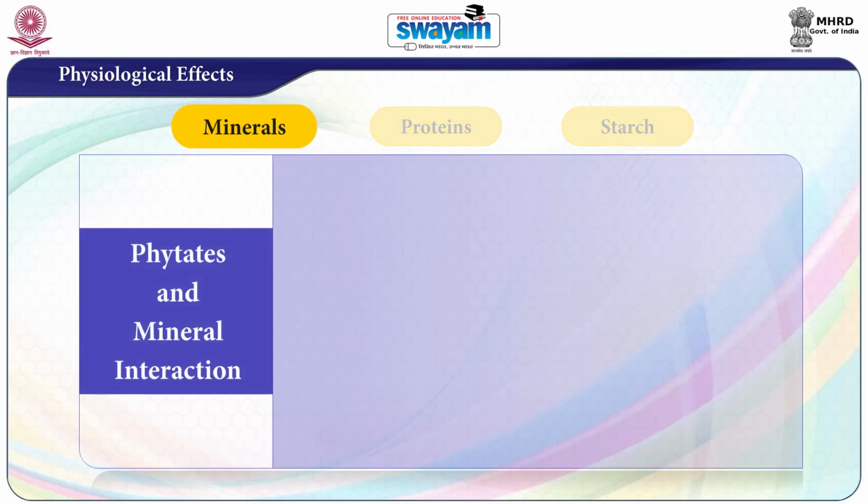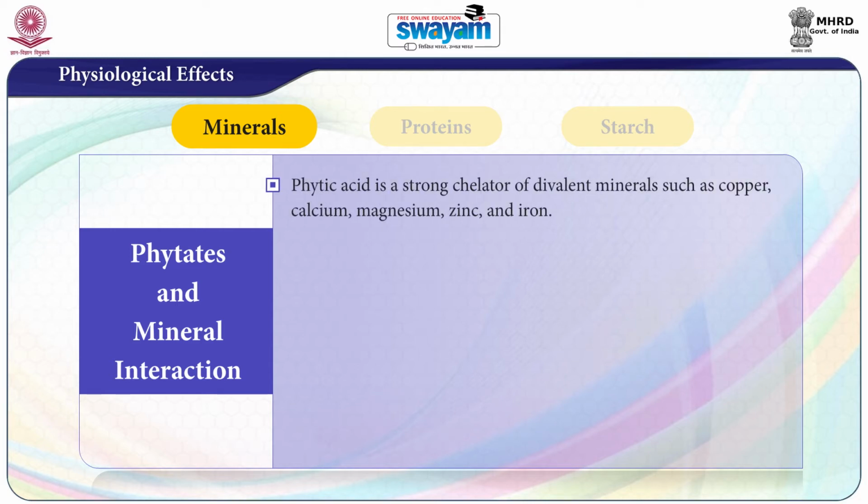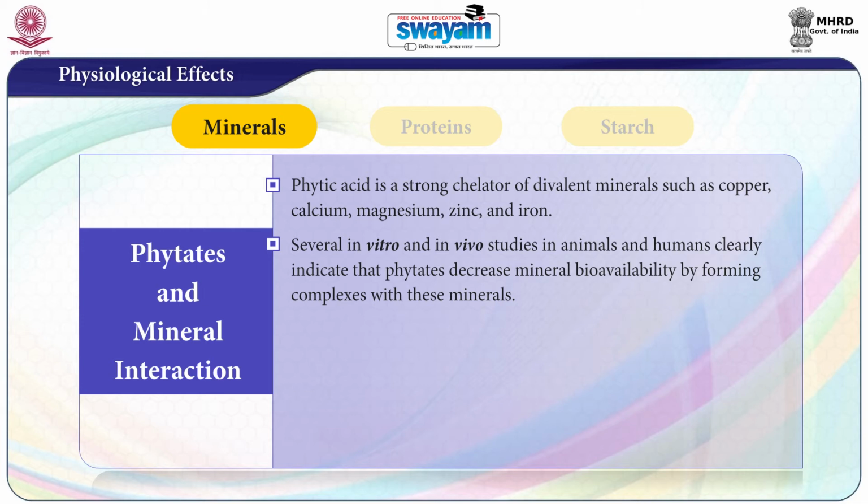The first physiological effect is phytate and its mineral interaction. Phytate is a strong chelator of divalent minerals such as copper, calcium, magnesium, zinc and iron. Several in vitro and in vivo studies in animals and humans clearly indicate that phytates decrease mineral bioavailability by forming complexes with these minerals.